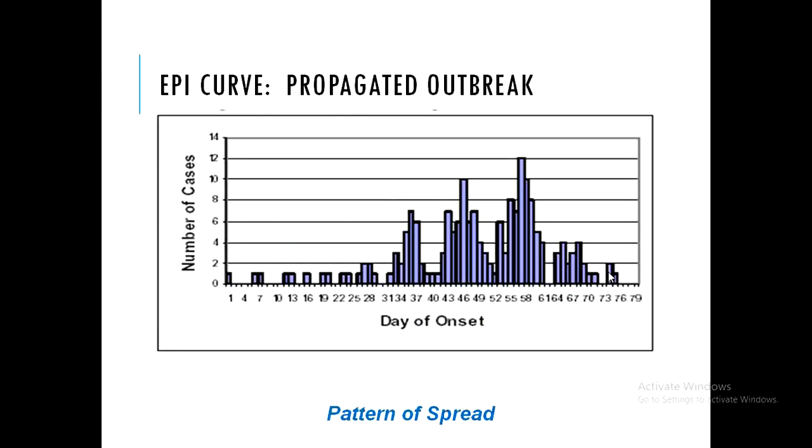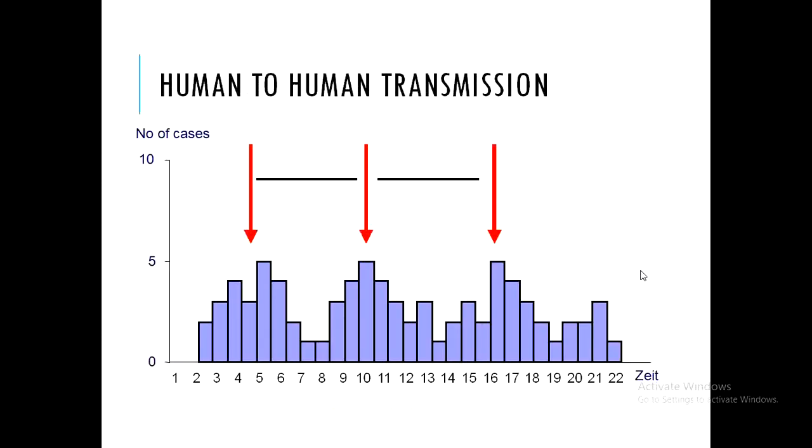Then the propagated epidemic occurs in waves, observed because of transmission from person to person. By looking at the epidemic curve, you can assess which type of epidemic is presented, what the pattern is, what the secondary attack rate should be, and how it can spread.